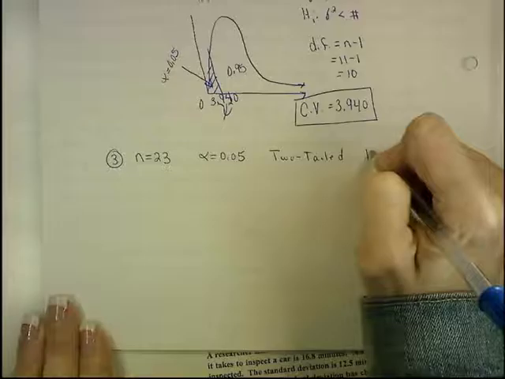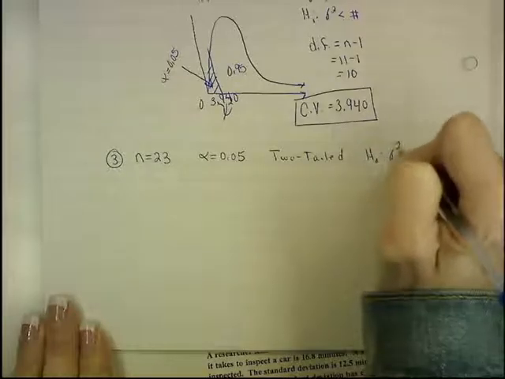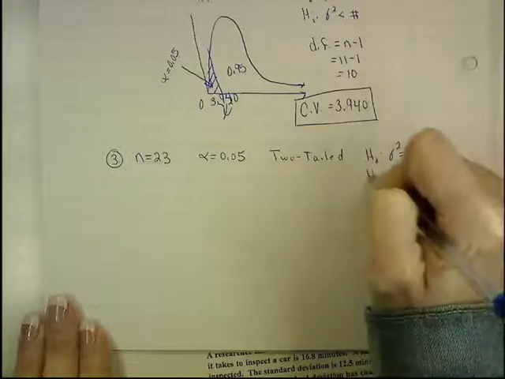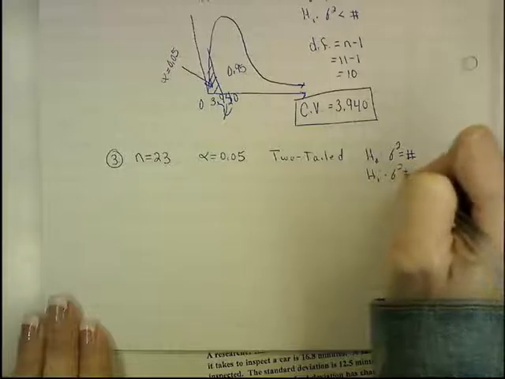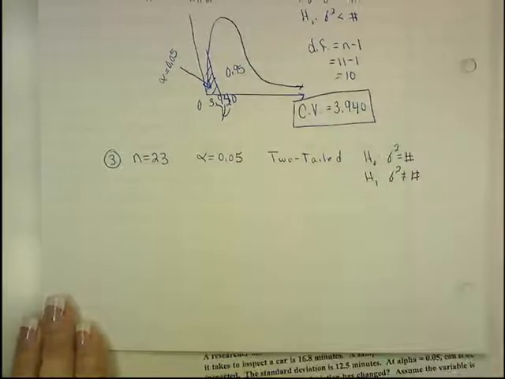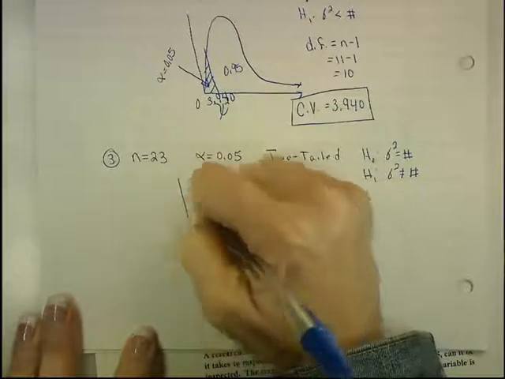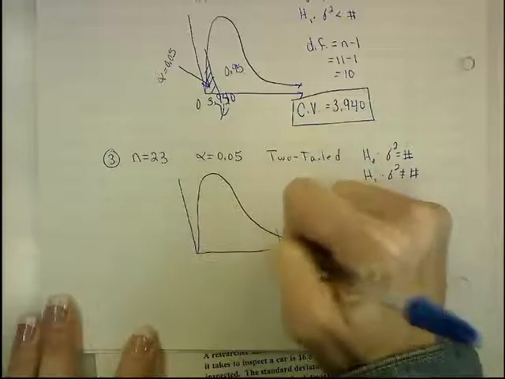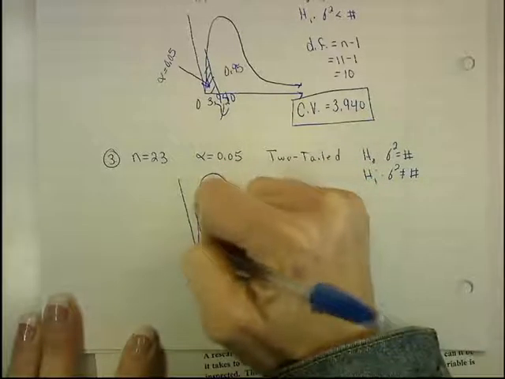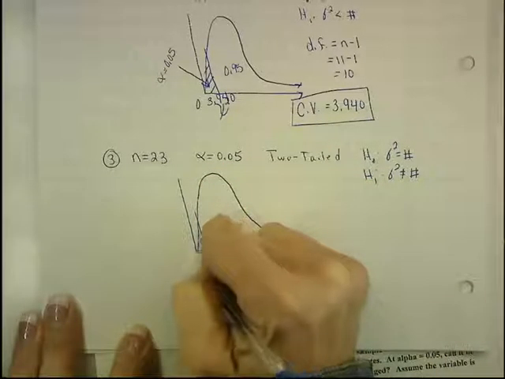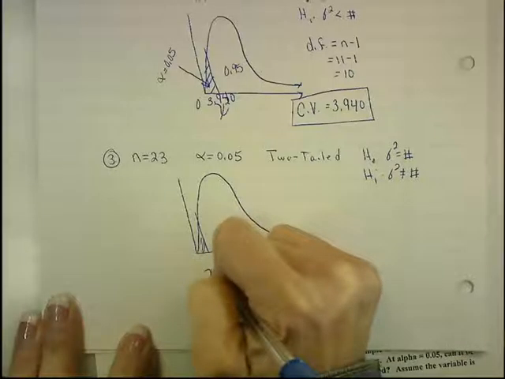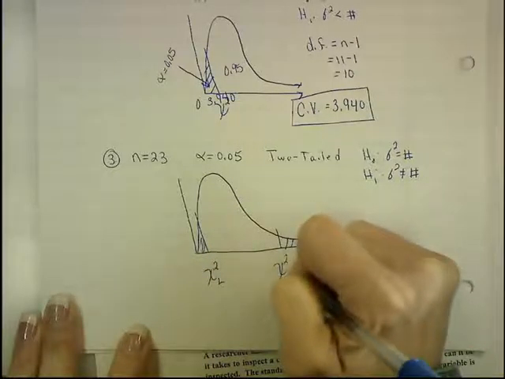And so that means the null would have equal to, and the alternative would have not equal to, if we're talking about true variance. You would draw your distribution, positively skewed, shade the right tail and shade the left tail. You're looking for this chi-square value from the left and this chi-square value from the right.